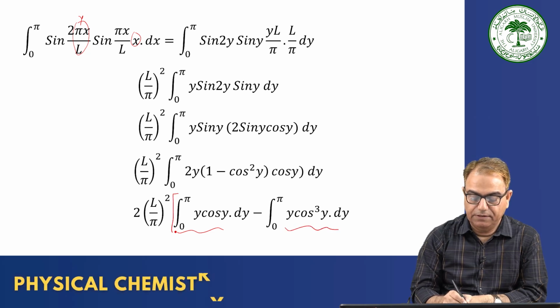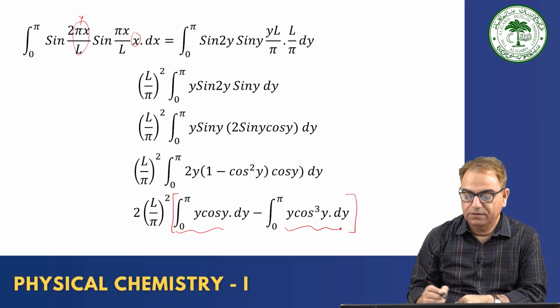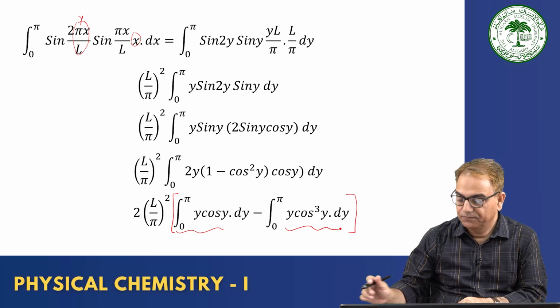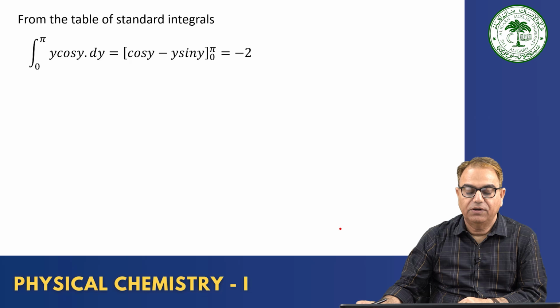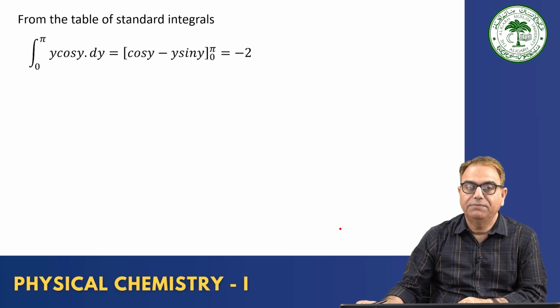Of course it will be like this one. So if you solve this integral from the integral table, what you get is cos y minus y sine y from 0 to pi, and this comes out to be minus 2. Okay.